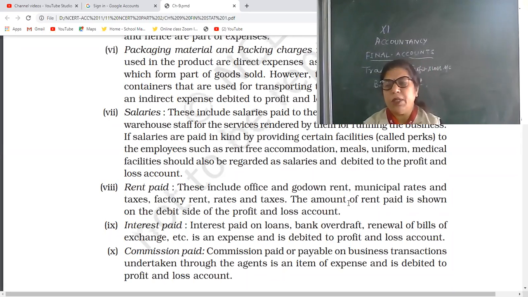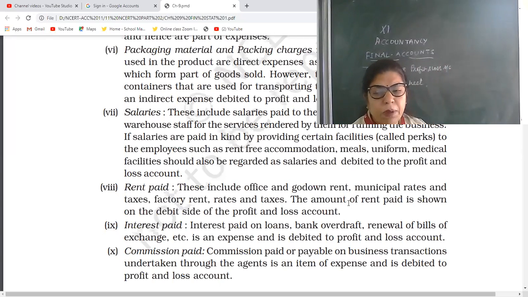Bank overdraft means nowadays banks are giving services to withdraw more than the deposits. That's why it is termed as overdraft. On that part, banks will charge some amount of interest. It is an expense, that's why it is debited to profit and loss account.